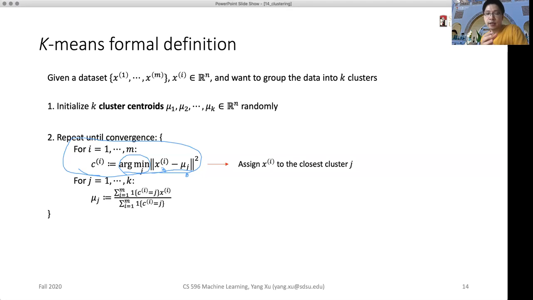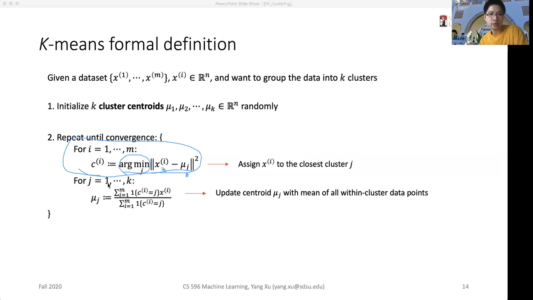Okay, and the second for loop iterates over all the k centroids, assigning new values to mu j. The new value for mu j is the result of computing the mean of all the data points within the current cluster, right?